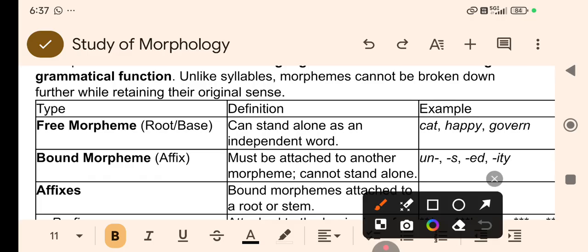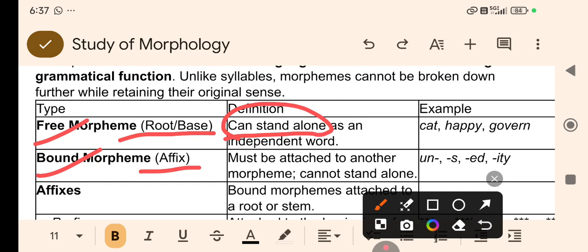So, the types of morphemes are free morphemes and bound morphemes. A free morpheme is a root or base, and a bound morpheme is an affix. So, let us see free morphemes. The definition of a free morpheme is a morpheme which can stand alone as an independent word.